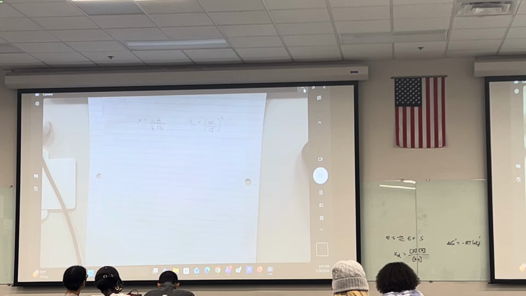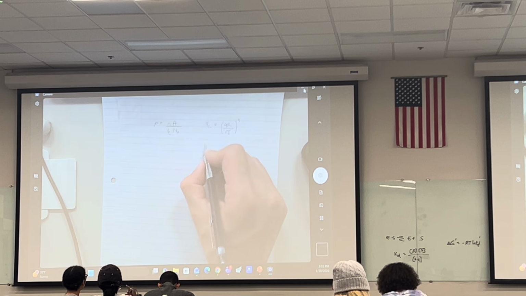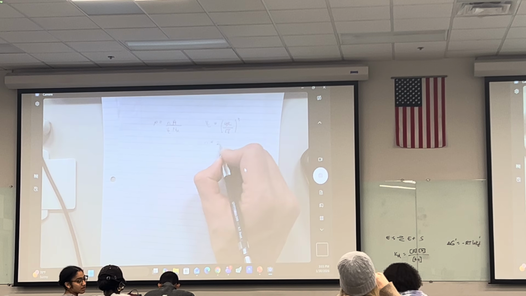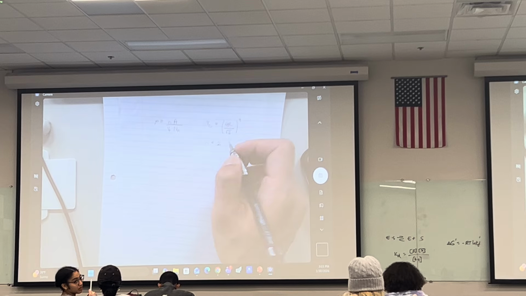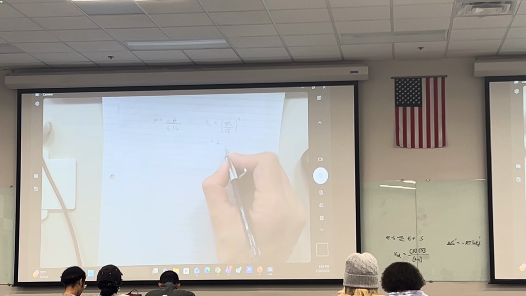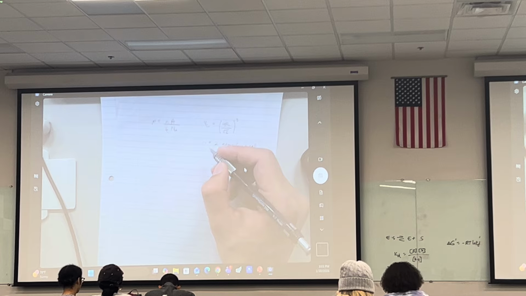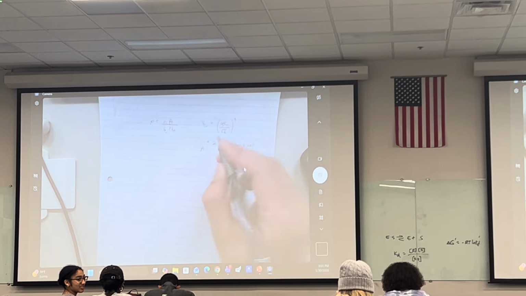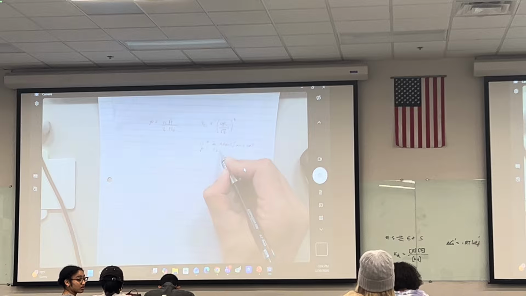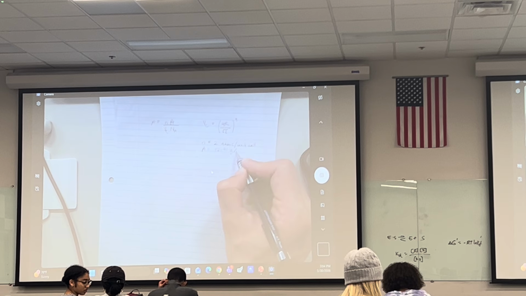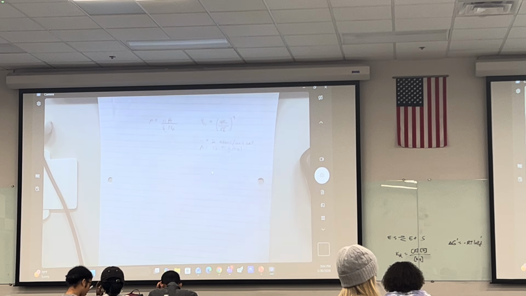And your n is basically your atoms per unit cell. In this case, it would be 2 atoms per unit cell. Then your A is going to be the atomic weight, which you can look up.